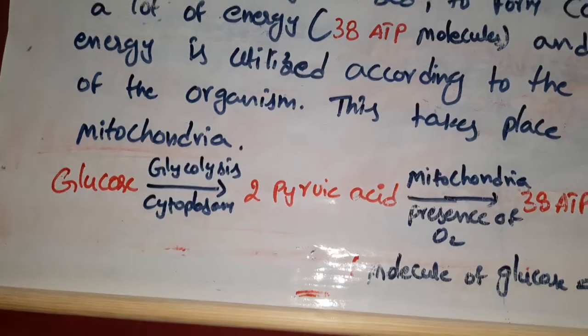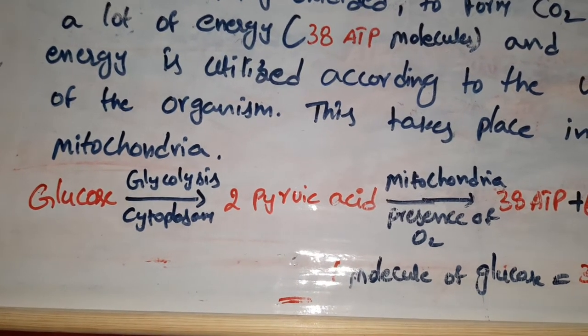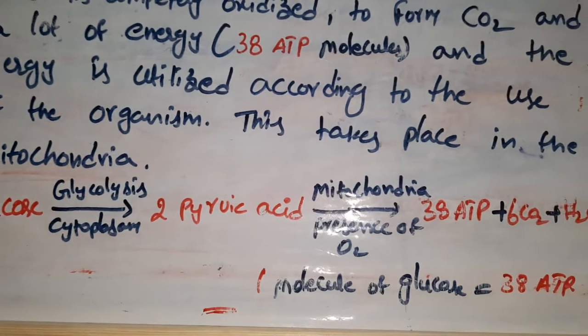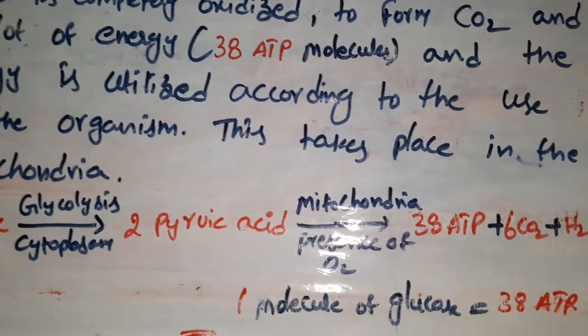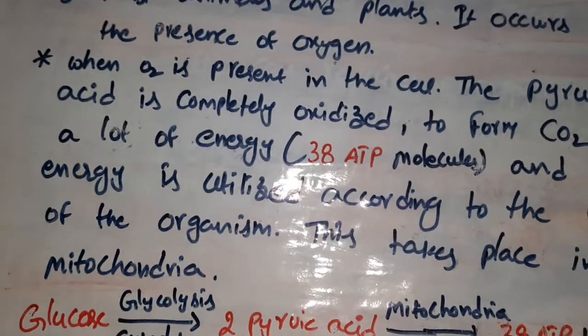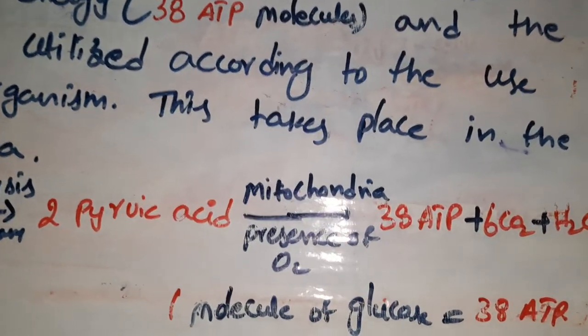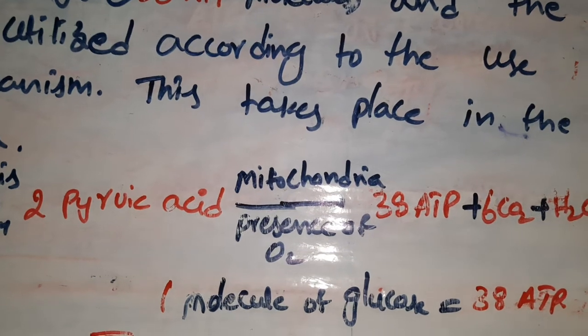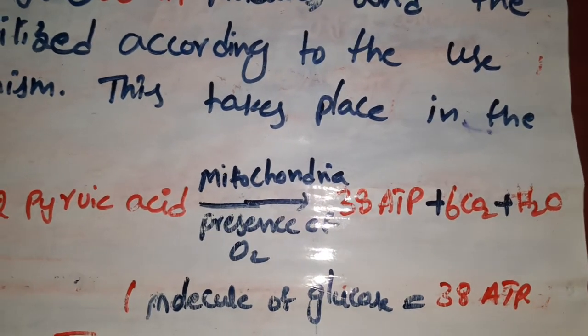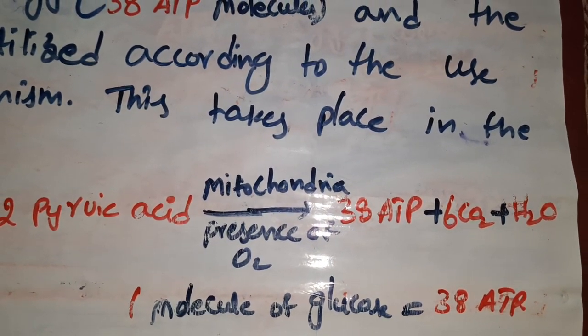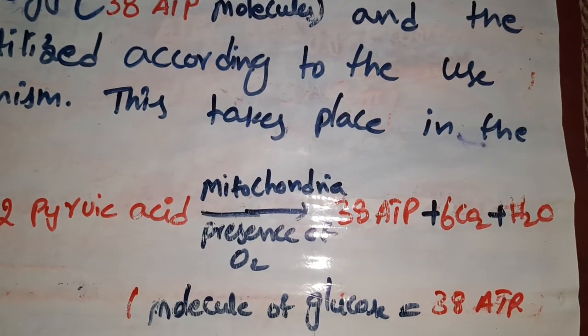So glucose undergoes glycolysis in the cytoplasm, and two pyruvic acids are produced. In the mitochondria, in the presence of oxygen, energy is released: 38 ATP plus 6 CO2 plus water.